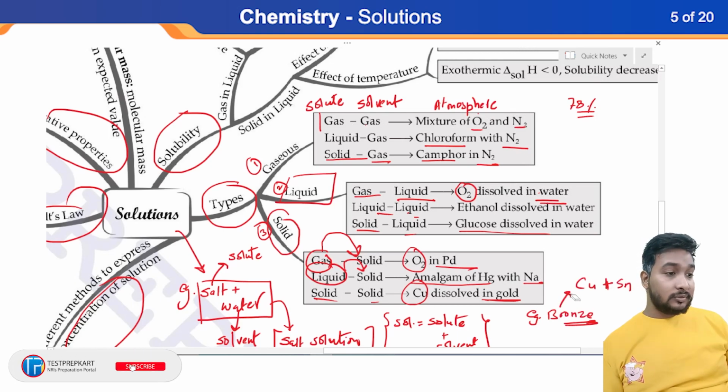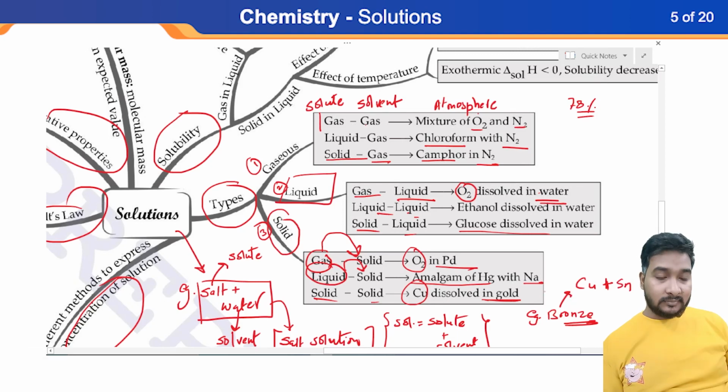Okay, so during the formation of alloys, we have to take what? We have to take different metals in different ratios. So we have completed the definition as well as types. Hope you are getting things in a very easy manner.